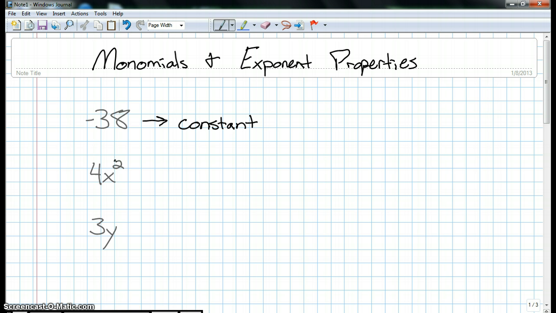Hopefully you were able to come up with a non-linear expression. And then the last one, this 3y, still a monomial, but it is linear. A linear monomial expression.